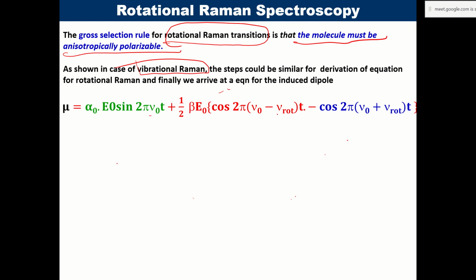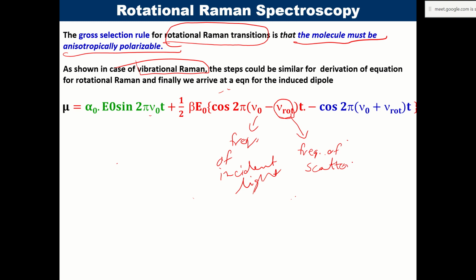Here we have to look at the rotational frequency, the frequency of incident light, and the frequency of scattered light.